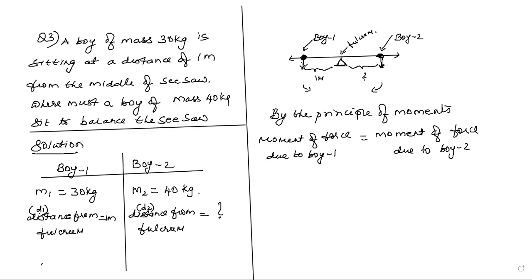This is the anti-clockwise moment. This is the clockwise moment. So if the anti-clockwise moment equals the clockwise moment, it will remain in equilibrium. They are saying it should be in balance.